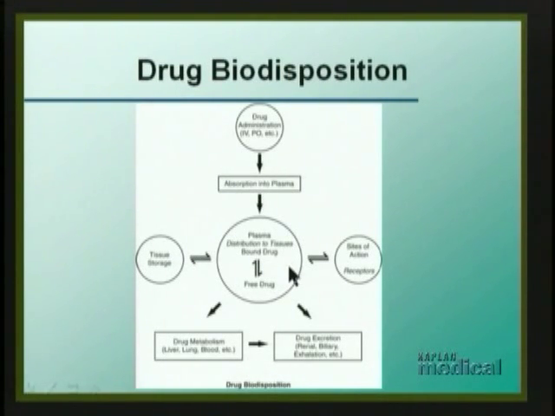In the central portion of the diagram, you see the phase of distribution to tissues. In that phase, we'll deal with two forms of the drug: a form that is referred to in this diagram as the bound drug, which is in equilibrium with a form called the free drug. Bound drug and free drug refer to protein binding of this chemical.